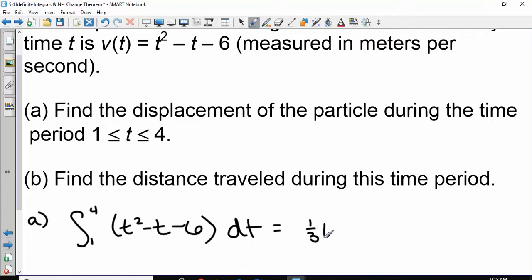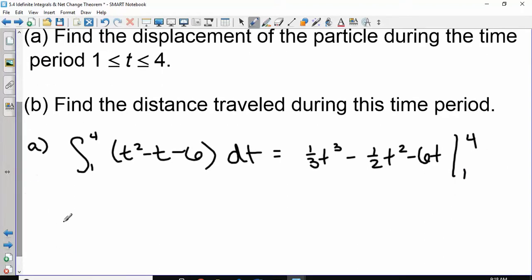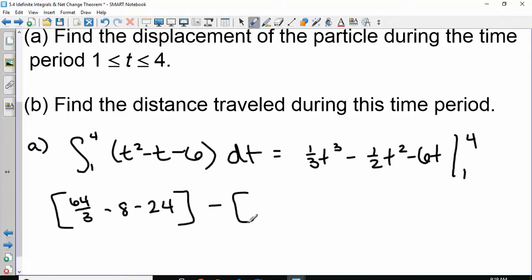So the antiderivative of t squared is 1/3 t cubed minus 1/2 t squared minus 6t from 1 to 4. So if we plug in a 4, 4 squared is 16 times 1/2 is 8. Again, a 1. Okay.